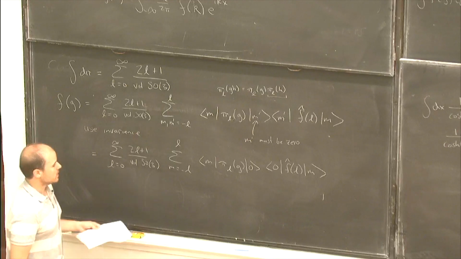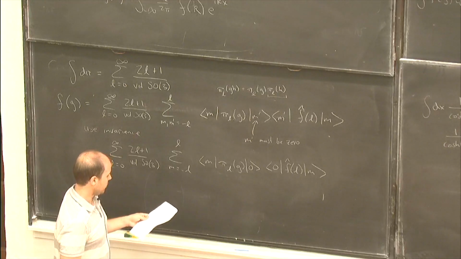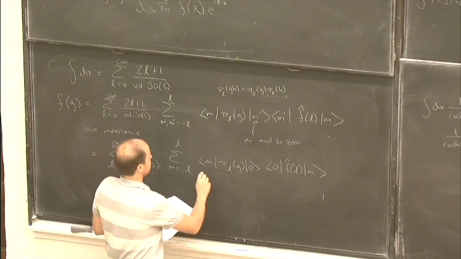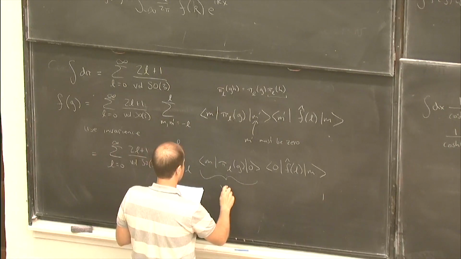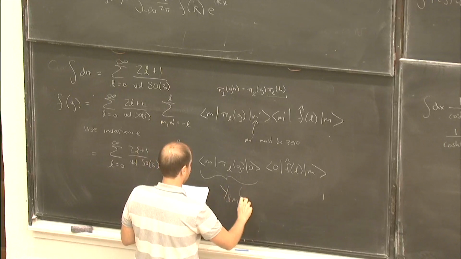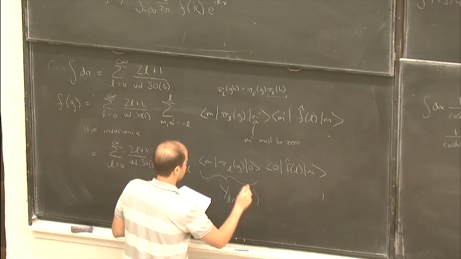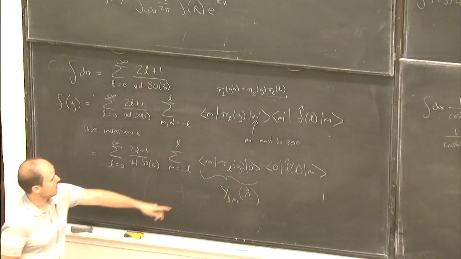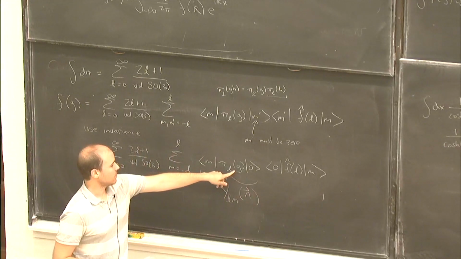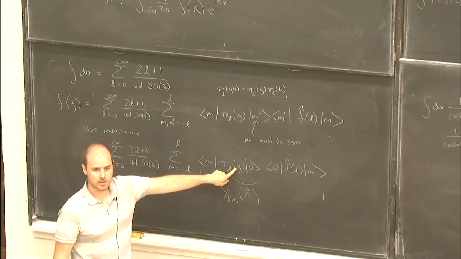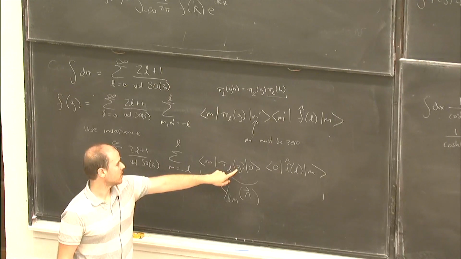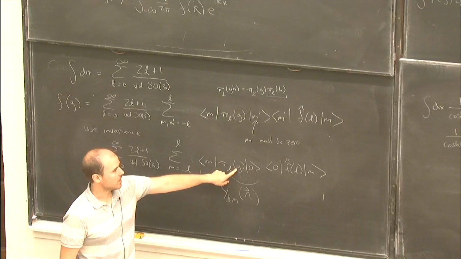Okay, so this is actually something that we all know and love. The reason is that these matrix elements are precisely spherical harmonics. Here we've written them as a function on the group, but we know that they're actually just functions on the sphere, because the sphere is SO(3) mod SO(2).